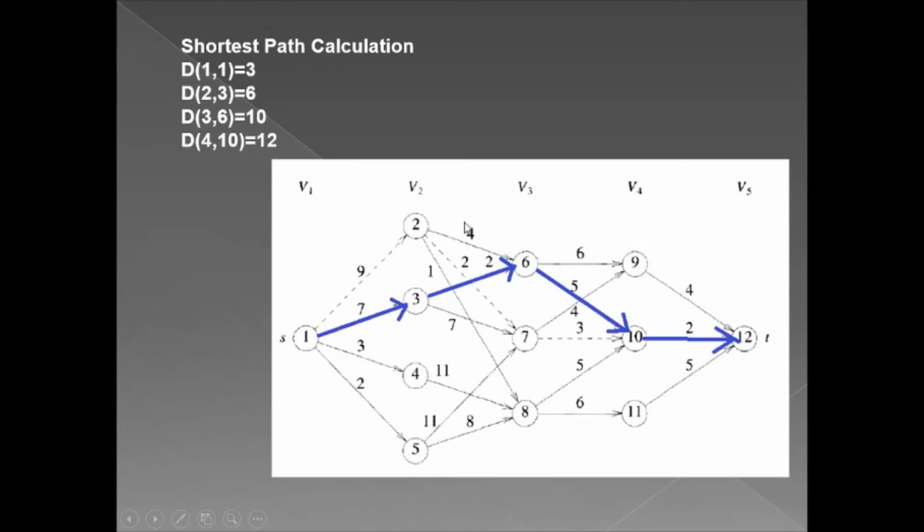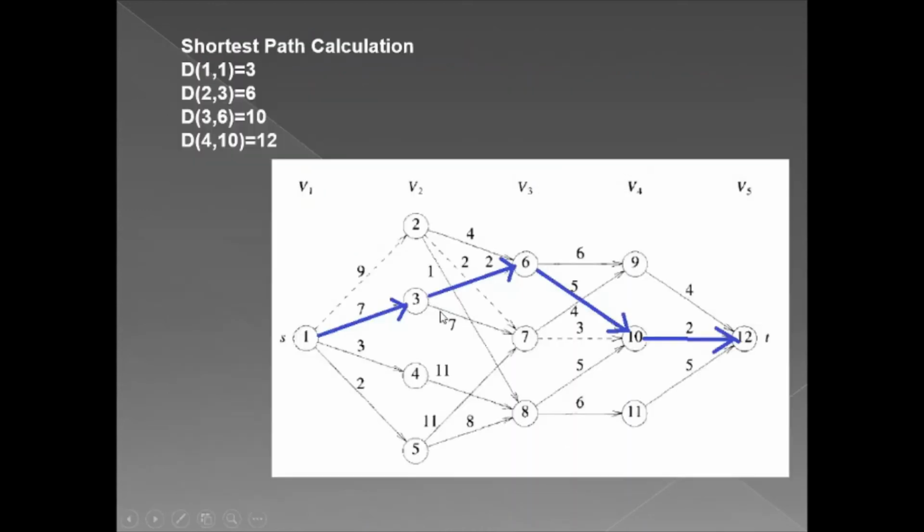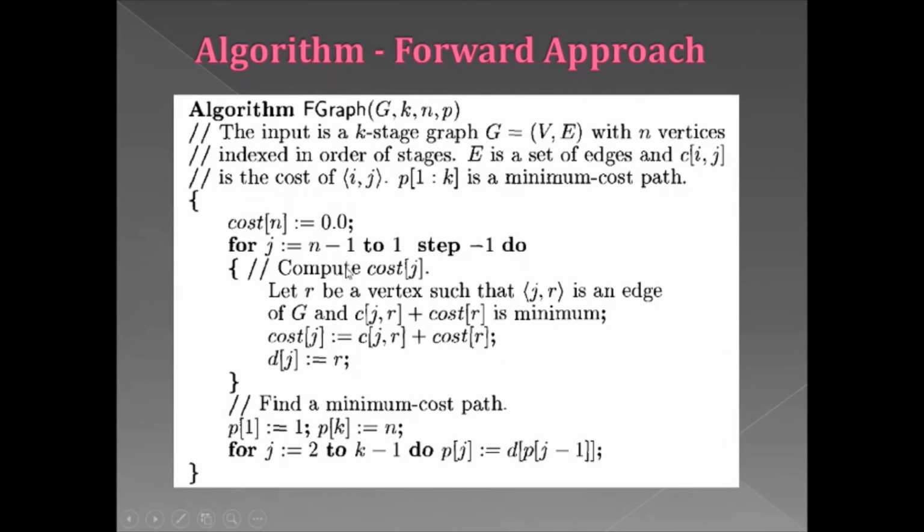Hence we have taken it as n minus 1 down to 1. In this step of finding the cost, we proceed from n minus 1 to 1, so we have taken a for loop over there. Here we are going to compute the cost of every node j.